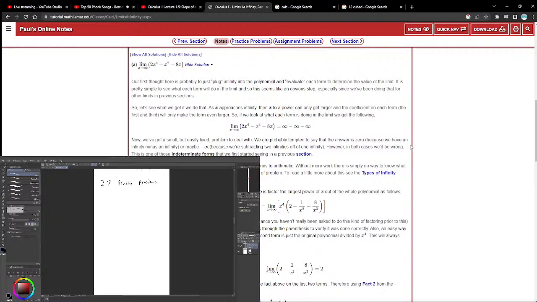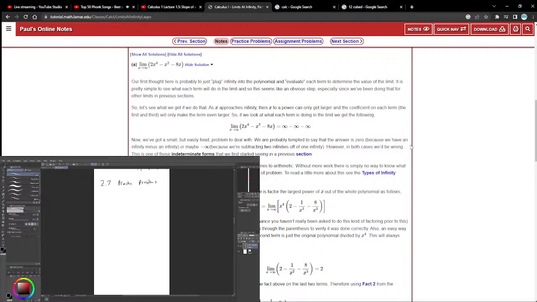Infinities just don't always behave as real numbers do when it comes to arithmetic. Without more work, there is simply no way to know what infinity minus infinity will be. So we really need to be careful with this kind of problem. To read a little more about this, see the types of infinity section in the extras chapter.